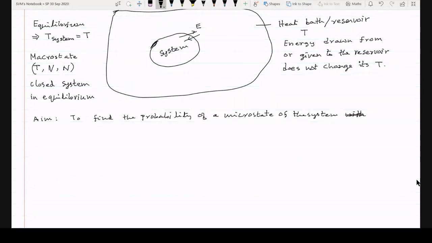So for that, the microstate is labeled by its energy. That energy is not the same for all microstates.